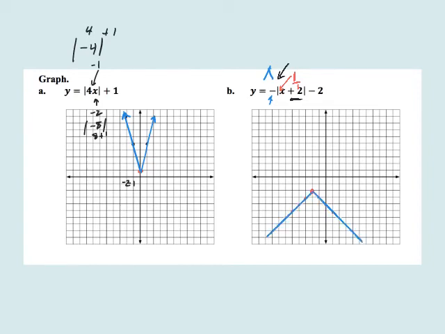So let's talk about why an absolute value function is not linear. Well, what happens is, up to the vertex, the function is actually going one way. And then all of a sudden, it turns and it goes the other way. Why is that?